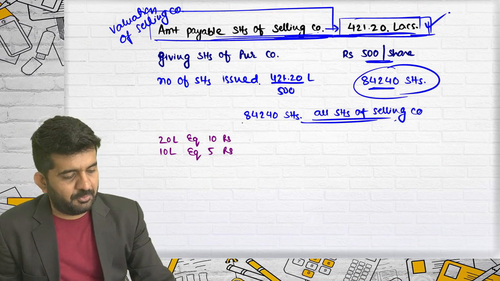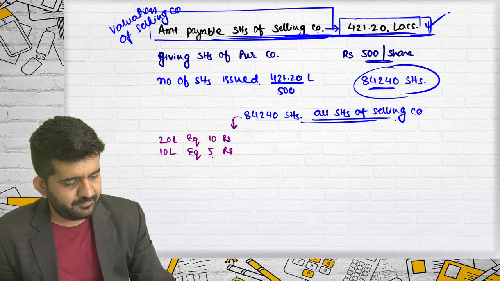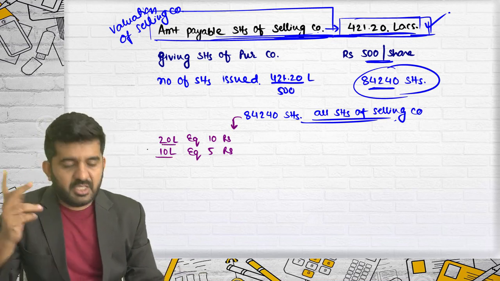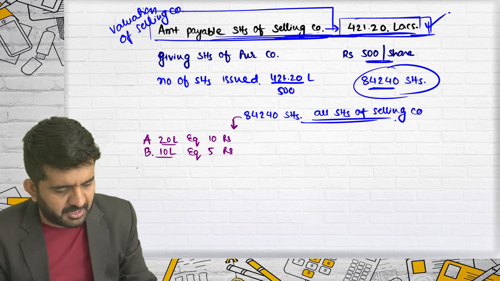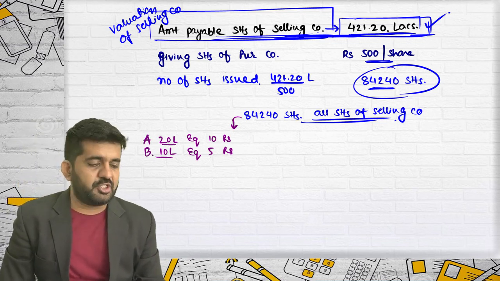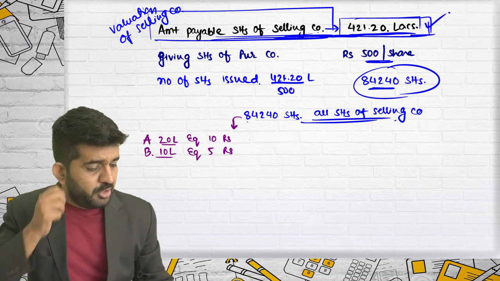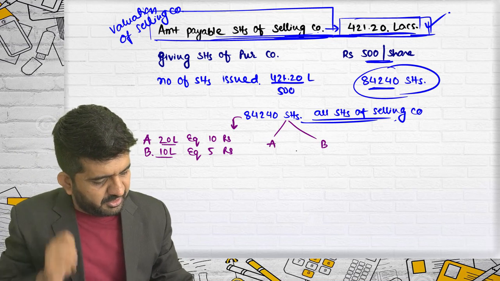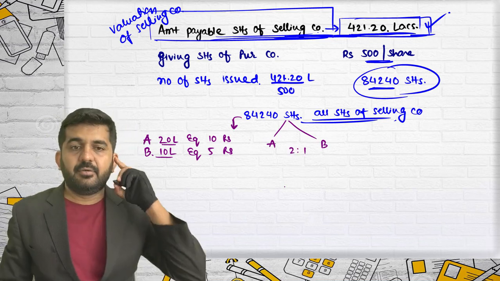How will you distribute the shares? I will tell you. In the ratio of 2:1, say these are A category shareholders, these are B category shareholders. Now you need to distribute the shares. Should this be distributed to A and B in the ratio of 2:1? Anyone? Yes or no?